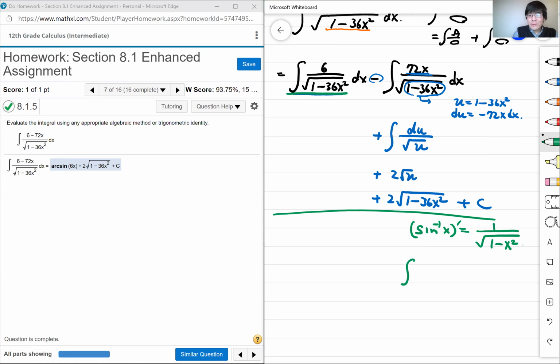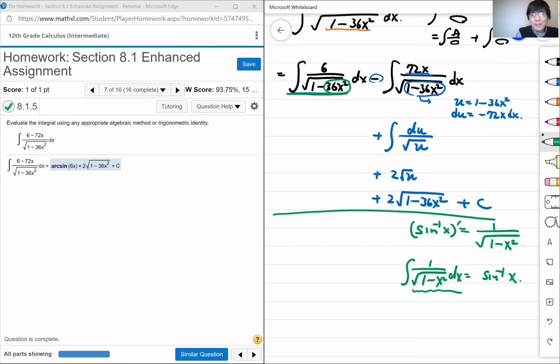So the integral of 1 over square root of 1 minus x squared dx is equal to the inverse sine function. So this part, if we say this part is equal to u squared, then we can make it look like this.